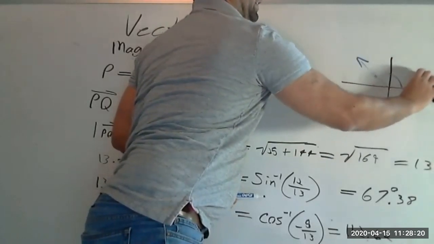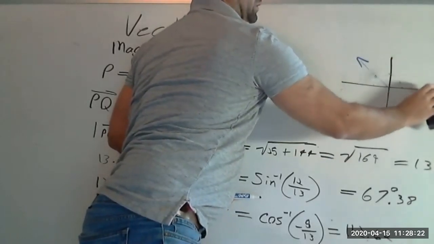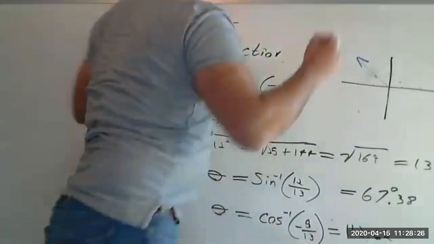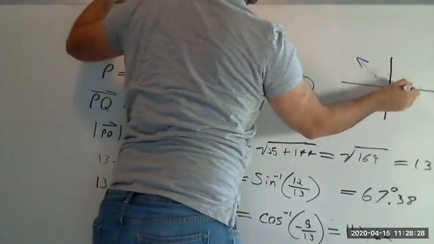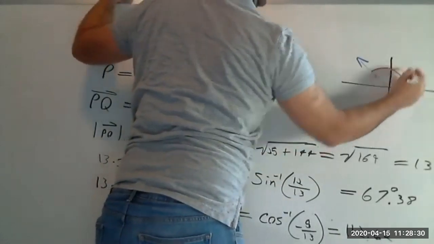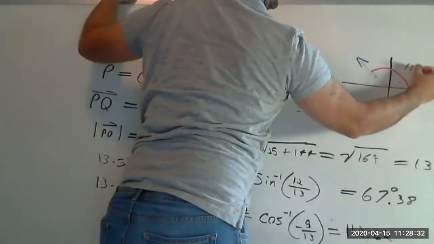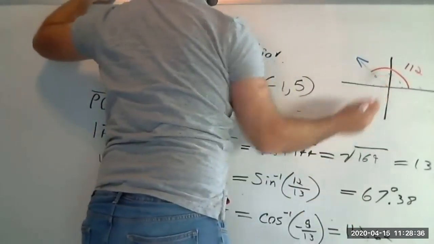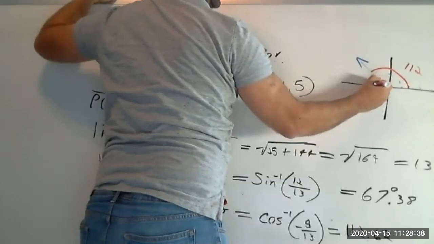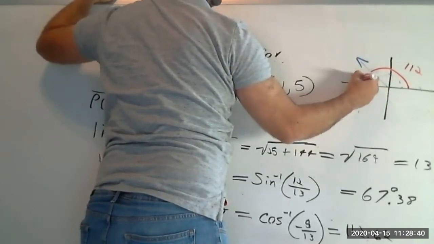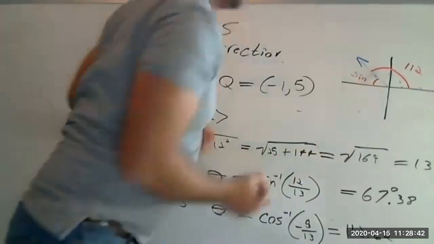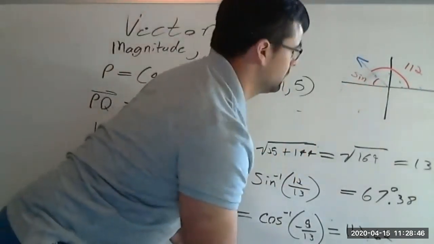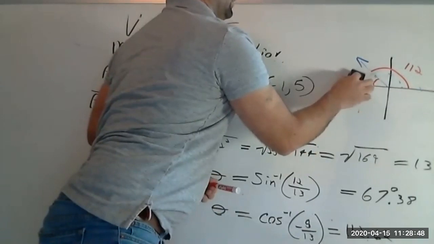So what did we say was very interesting about the two numbers up here? 180 degrees. They add to 180. So 112. So the number that sine gave you was actually this one.